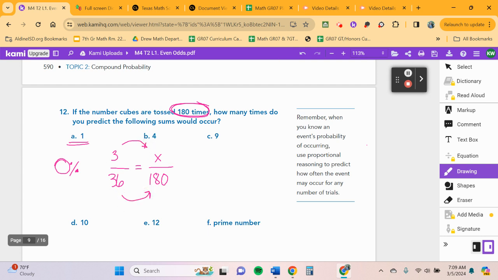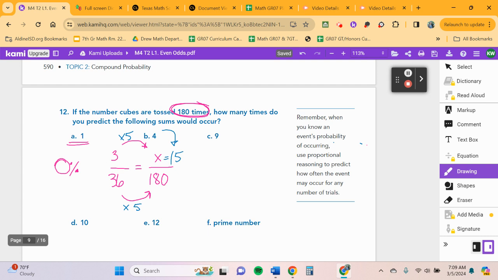I can tell you right now that 36 times 5 is going to give you 180. So what we do at the bottom, we must do to the top. So I'm also going to do times 5 to the top, which means this probability would be 15 out of 180. So the chances of rolling a 4 would be 15 times out of 180 rolls.